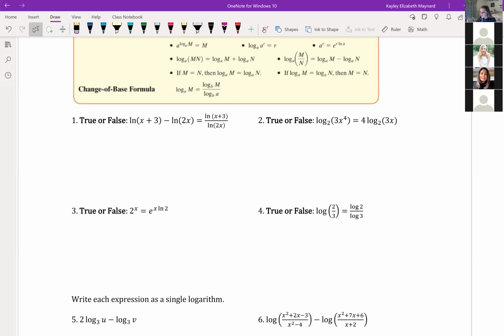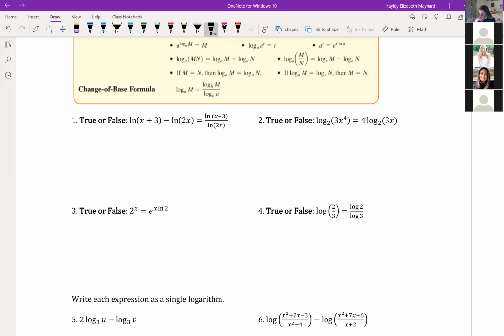So each true or false gives you a logarithmic or exponential expression that they've attempted to use the properties to simplify or expand. So your job is to look and use the properties and see if they did it right. So I will go through 1 and 2 with you guys. They're not too long. And then I'll let you guys attempt 3 and 4 on your own a little bit.